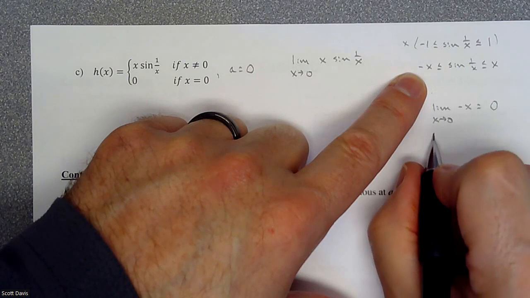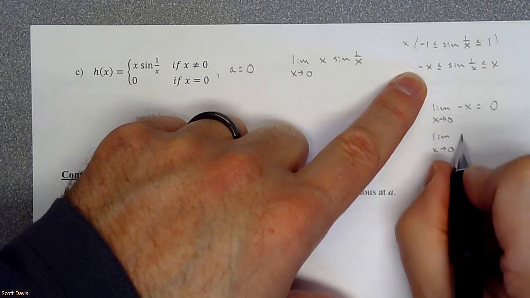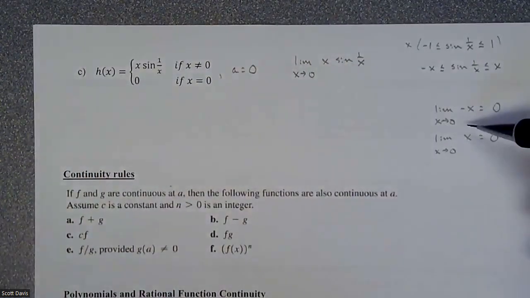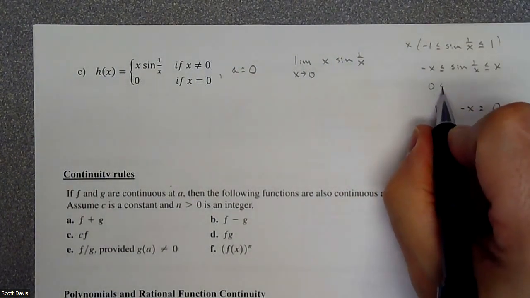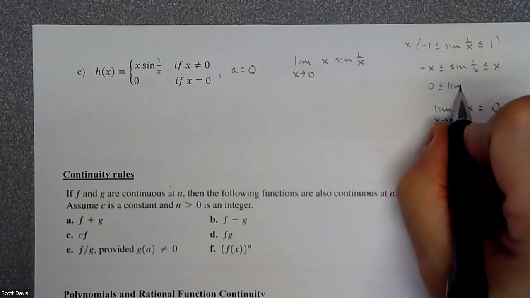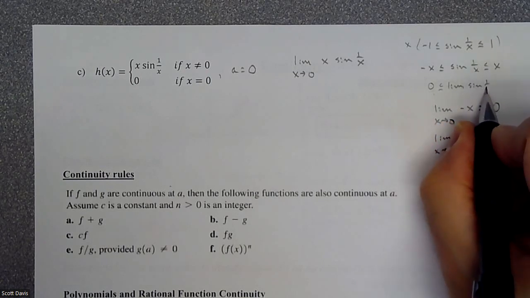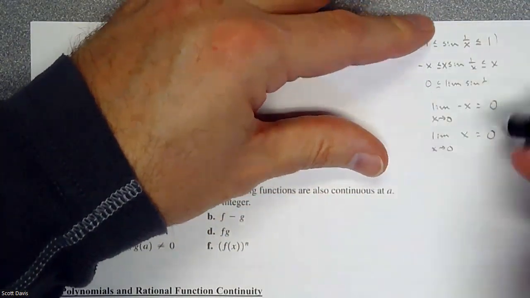And what's happening on the other side, as x approaches 0 on the positive x? It's also approaching 0.